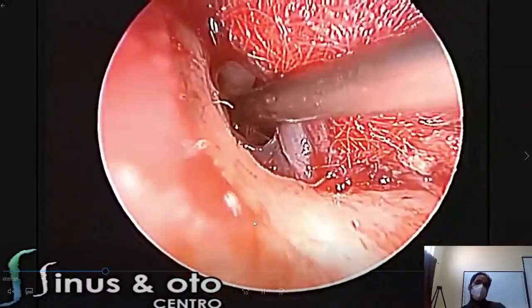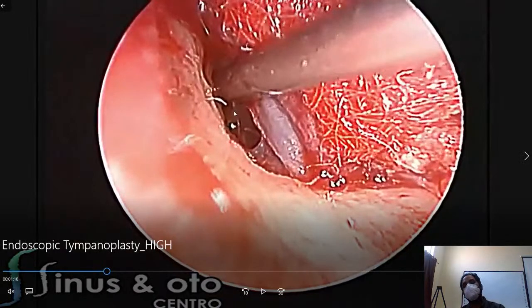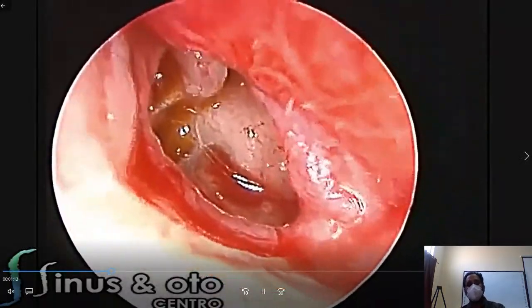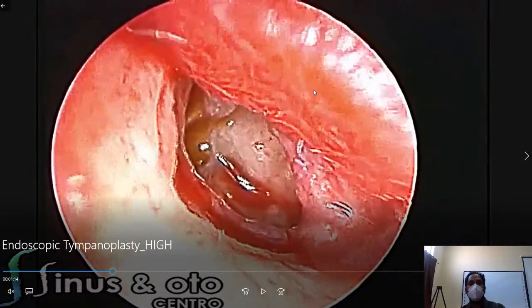That is the annulus, and now we have entered into the middle ear. You see this space, this is the entire middle ear, and this is the tympanomeatal flap which we have elevated, and this is the bone. This is the tympanic sulcus from where the annulus has been elevated.